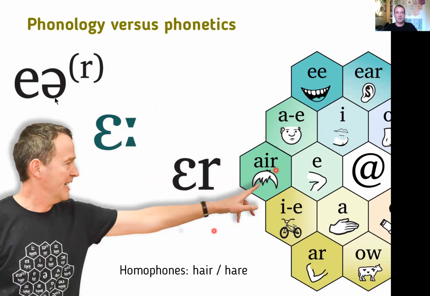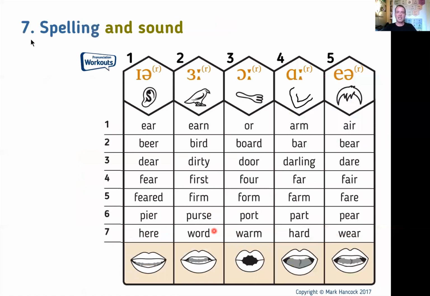So key concept number 7 is about spelling, and it's worth comparing the phoneme and its various forms of spelling by putting them in a chart like this one with rows and columns. Repeat after me.